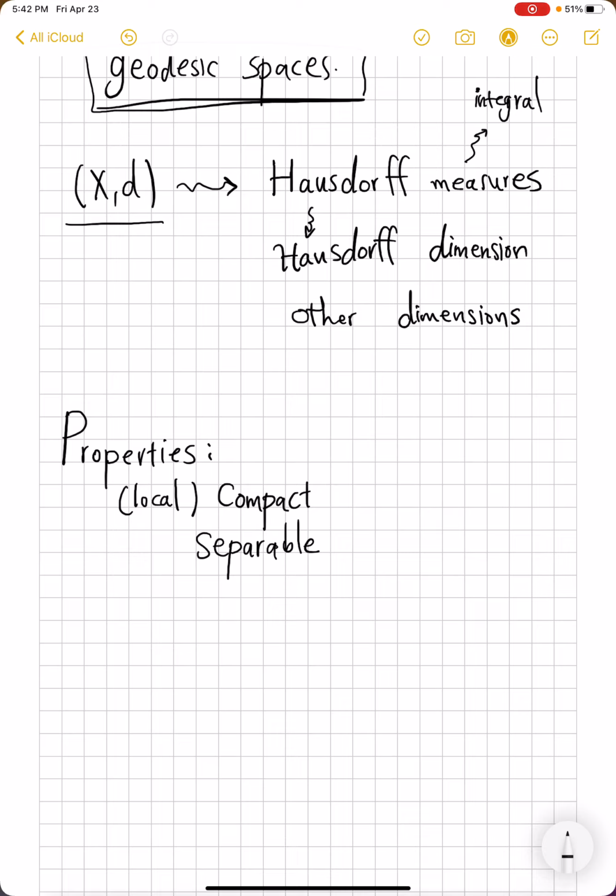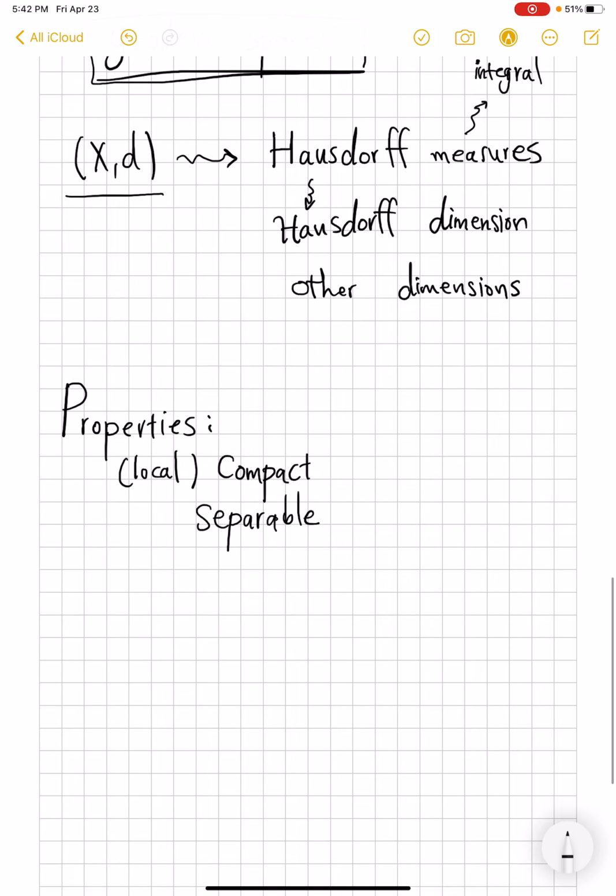So these are particularly nice spaces that we love, and this separability is basically saying that the spaces are not too big, and lots of analysis on metric spaces are more easily done on separable spaces. We can ask about completeness of metric spaces, whether the limits that should exist do exist in your space. And so these are some immediate things that follow from just the notion of distance on metric spaces.